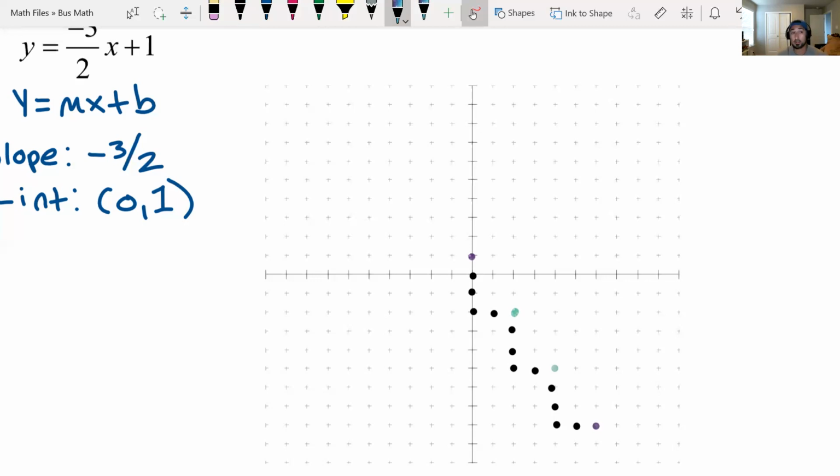Now let's go the opposite way. So start back at the y-intercept, and now we're going to go up 3, left 2. And again, up 3, left 2. And that should be all the points we need.